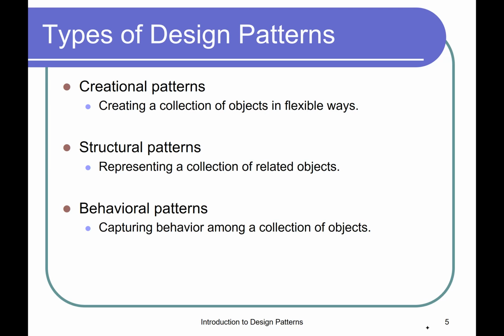The chapter following that is structural, and then we end up with the behavioral design patterns. With creational design patterns, we're going to look at 3. Structural, we'll look at 4. And behavioral design patterns, we'll look at another 4. There is more.